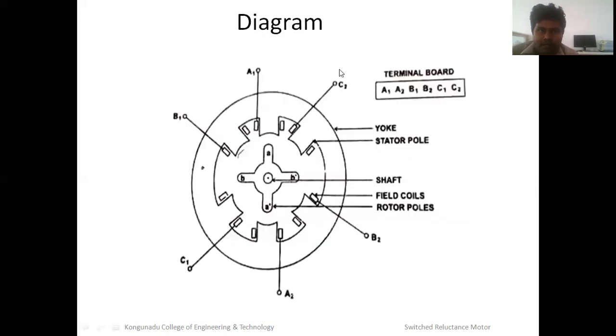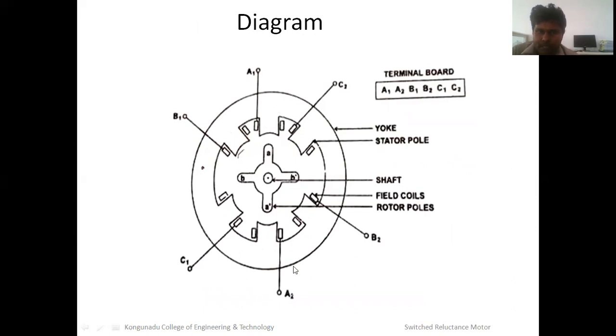This is our construction. The outermost area is the yoke. In this yoke, we clearly show the stator poles: 1, 2, 3, 4, 5, 6. Six stator poles. In the rotor, 4 poles. Small a, a dash, small b, b dash indicate the rotor.